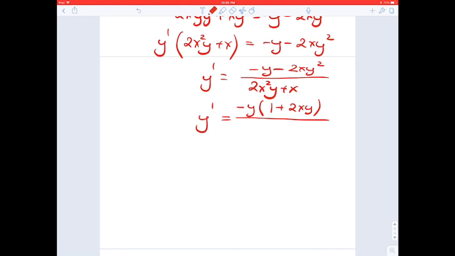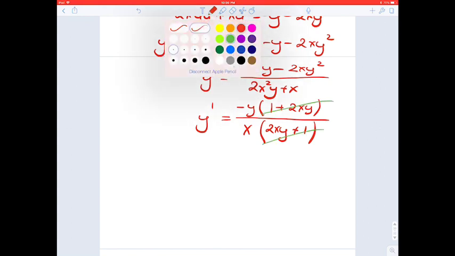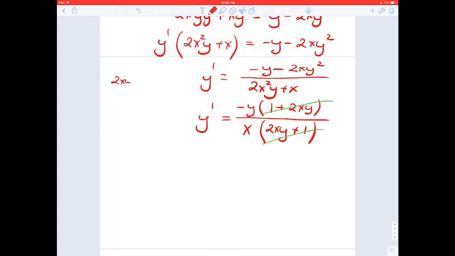And I can factor out x on this side and I will have 2xy plus 1. And 1 plus 2xy and 2xy plus 1 are the same thing, so I can cancel out. Of course, we have to remember that 2xy plus 1 is not 0, just for the domain, but we can keep this condition on the side. That means my derivative is negative y over x.